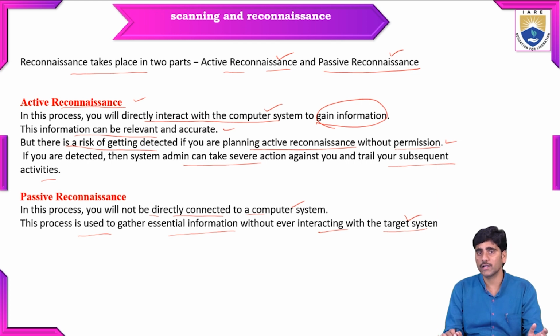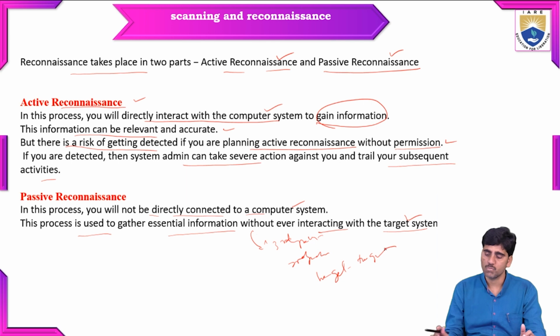You can use third-party tools or third-party procedures to get the information. So these are the two types of reconnaissance procedures used to find information about any target.